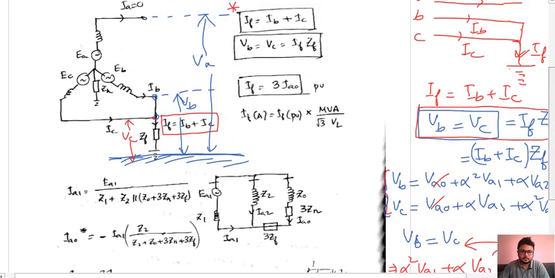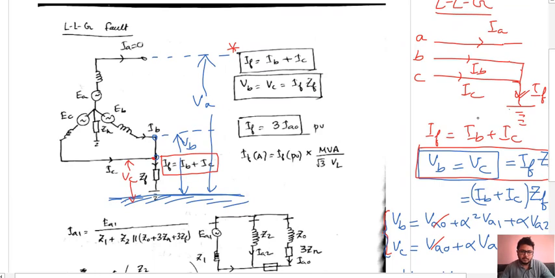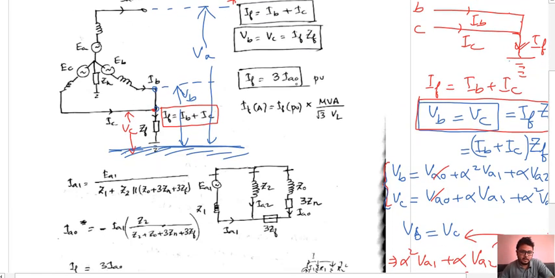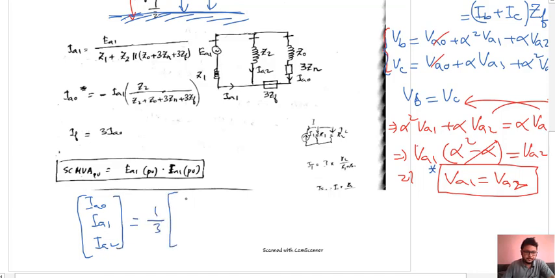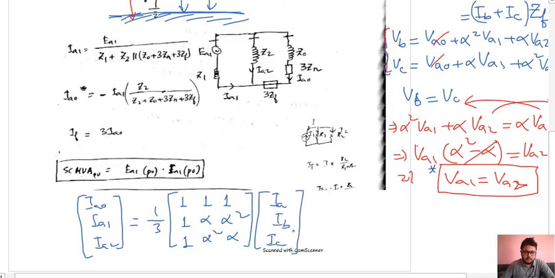Now see, IF equal to 3 IA0. How did you get this? Let us see. We know already IA0, IA1, IA2 equal to 1 by 3 times the matrix 1 1 1, 1 alpha, alpha square, 1 alpha square, alpha, and on the right hand side we have IA, IB and IC.